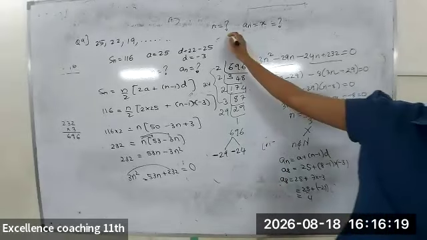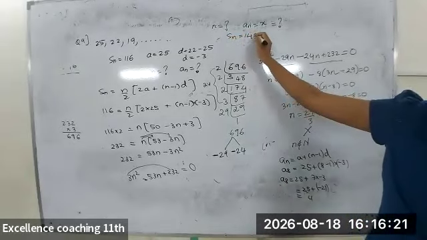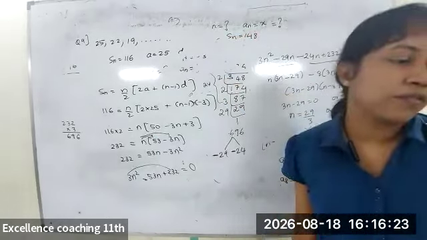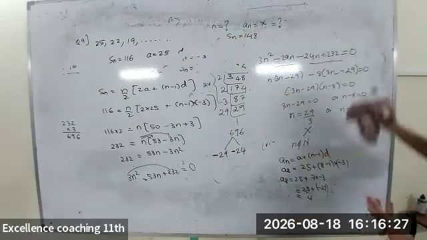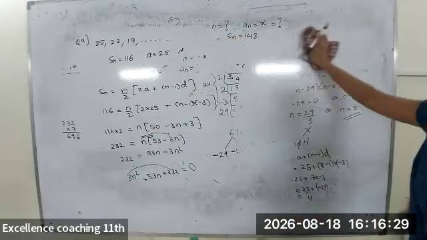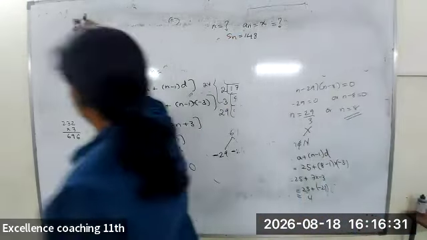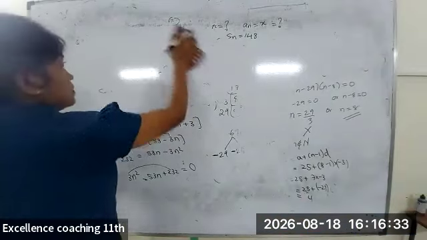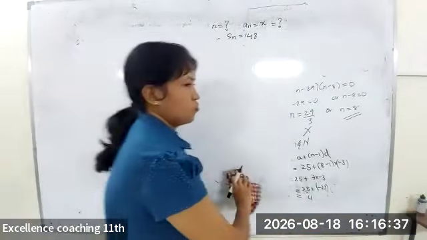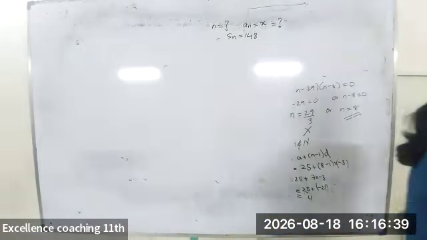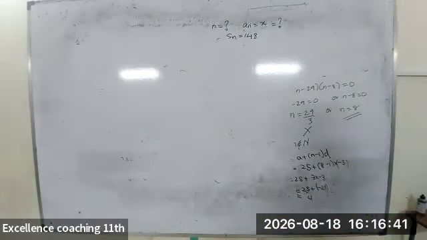Sum is given as 148. First term, common difference, calculate, write the formula. Solve.